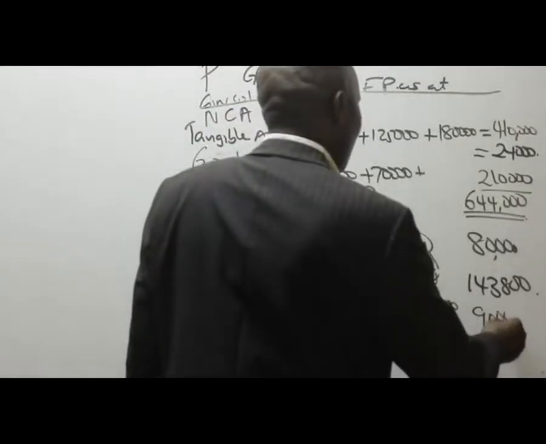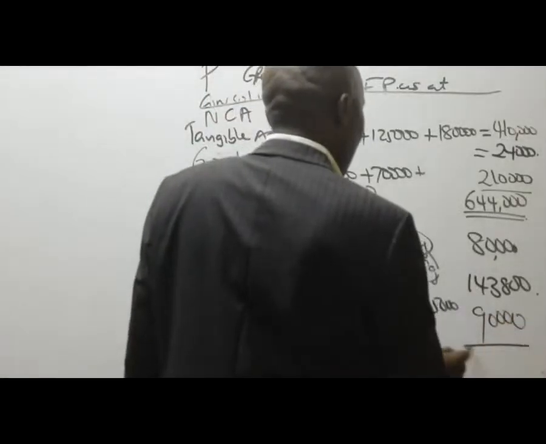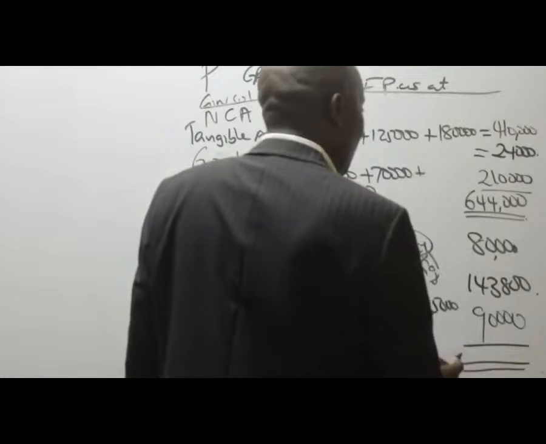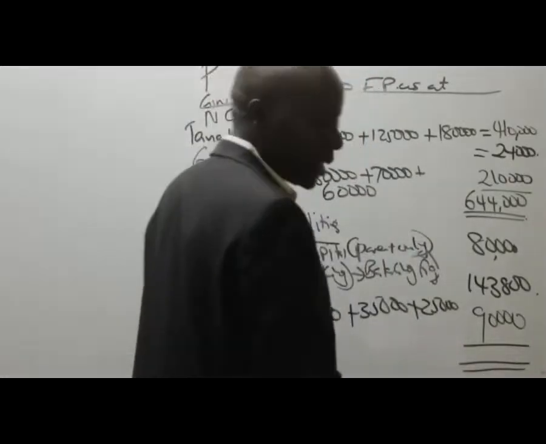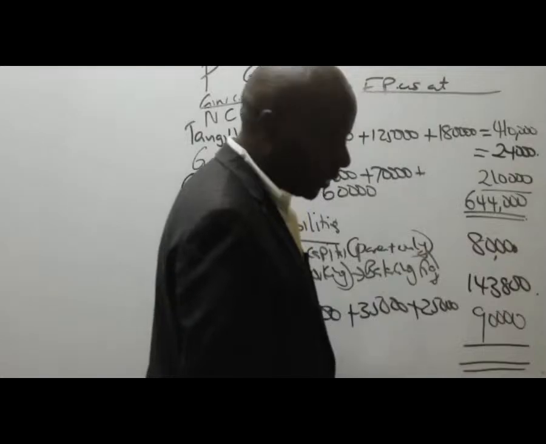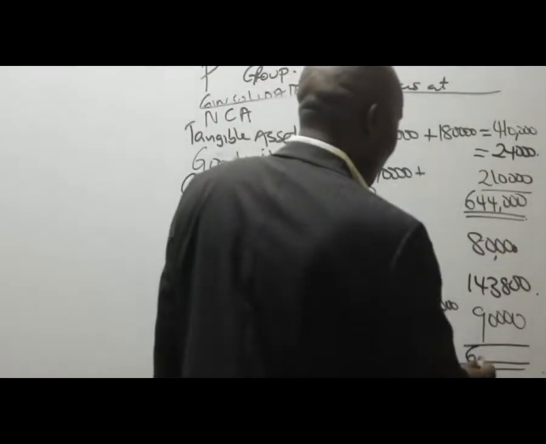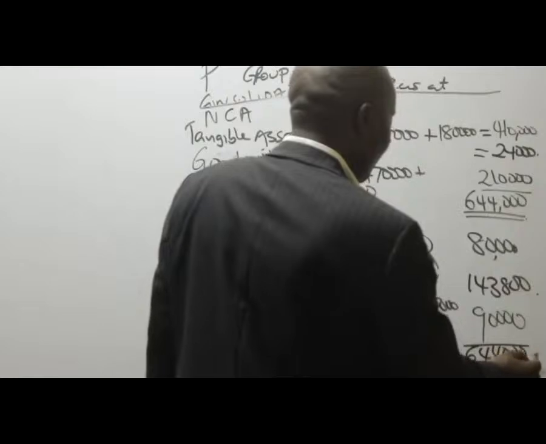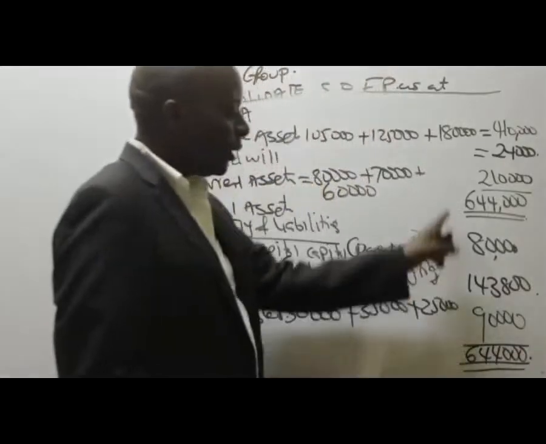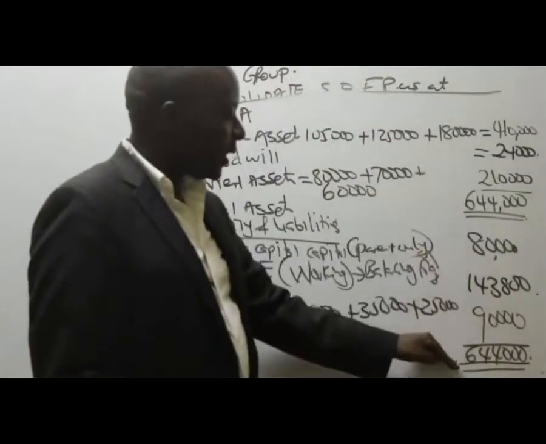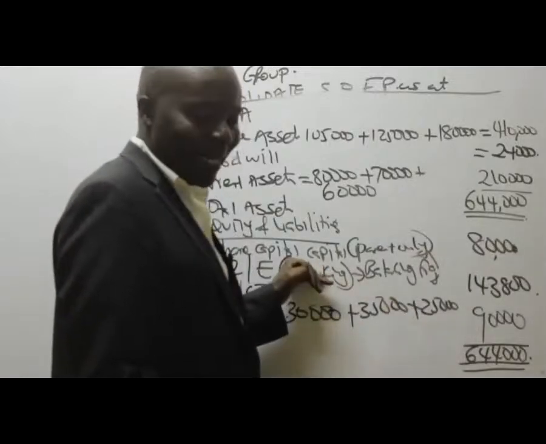Now from there, ladies and gentlemen, please come here and give me the total. So the total here should be 644,000, because the totals must agree. So the balancing figure will be your retained earnings.